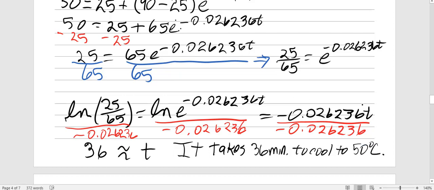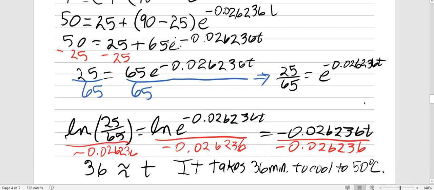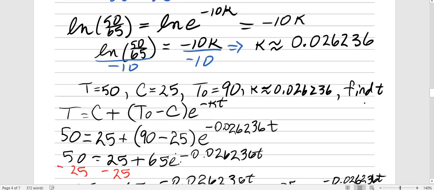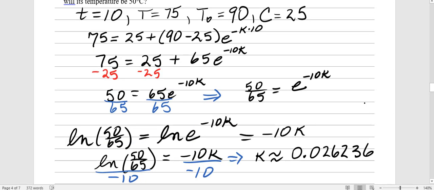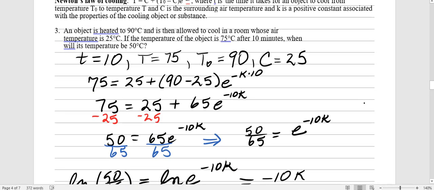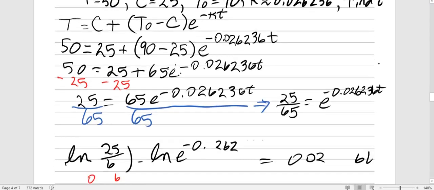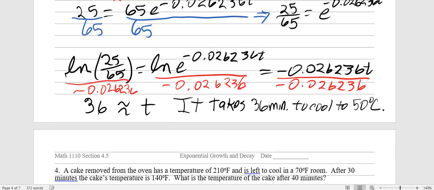And then if we look back at the information, we knew that it took 10 minutes for the object to cool to 75 degrees. So we expect that it's going to take more than 10 minutes to cool further to 50 degrees. So that makes a lot of sense.